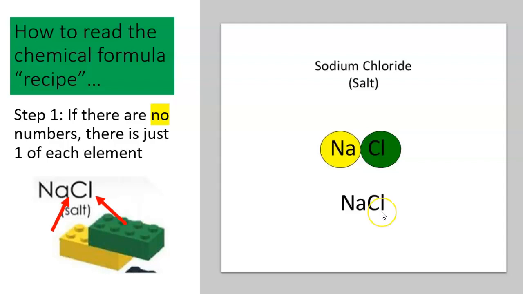How do we know how many sodium and how many chlorine atoms are in each one of these? Well, there's no number, so that represents just 1 atom of sodium and 1 atom of chlorine.